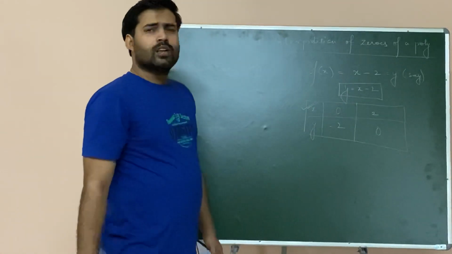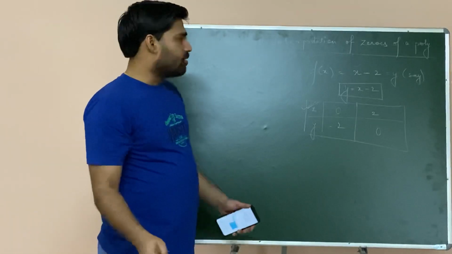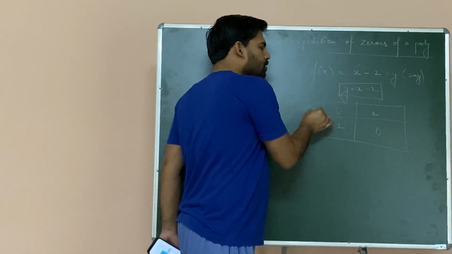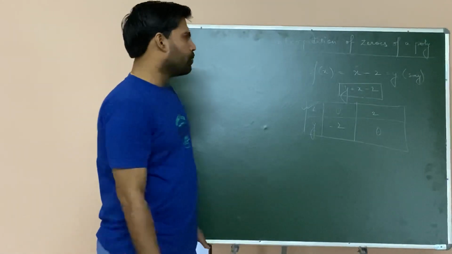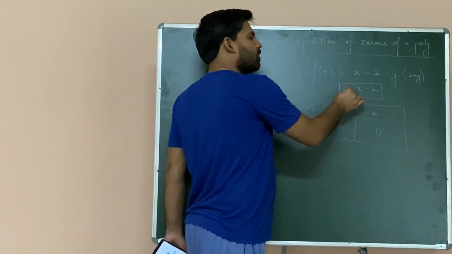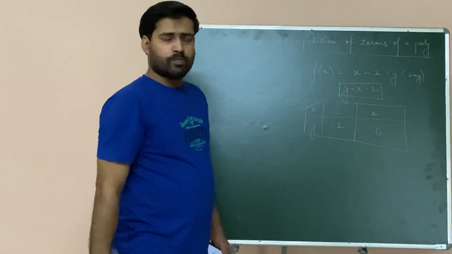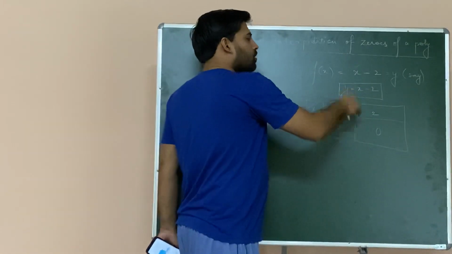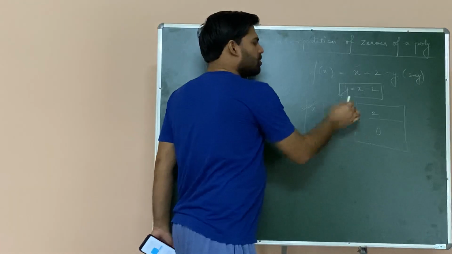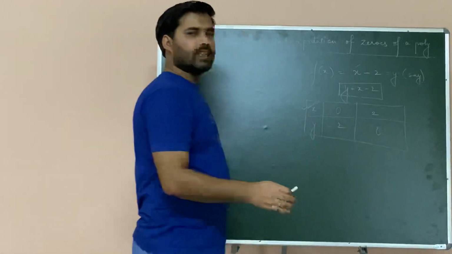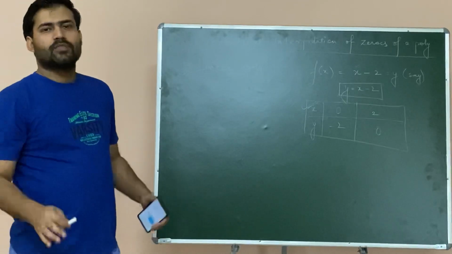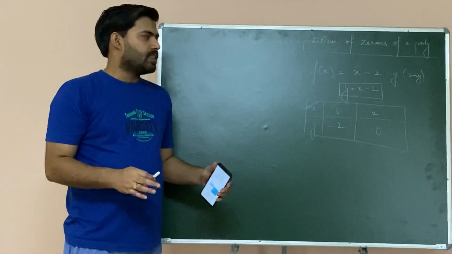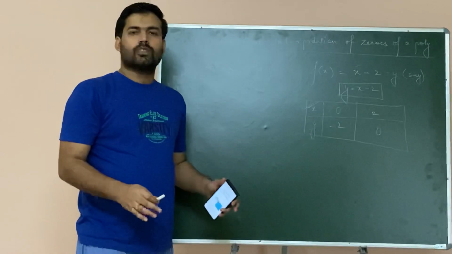It is not necessary that you put the value of x only, you can put the value of y also. If you put the value of y, then you will find the value of x that comes. Now, these are two particular solutions: this is one solution set, this is the second solution set. To draw a graphical representation, you need at least two solution sets.